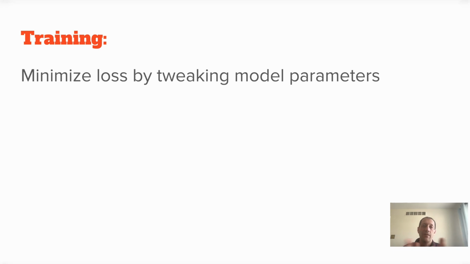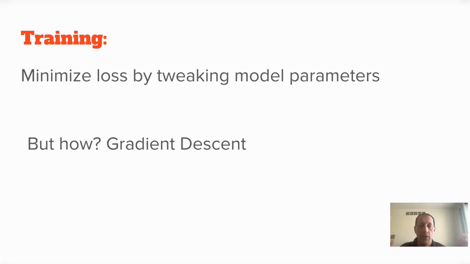And by the way, we have come a long way from where we started. We started by saying machine learning is about learning from examples, which sounds kind of magical. But now that we're looking under the hood, it doesn't sound as magical. Essentially, what we're saying now is training is about minimizing loss by tweaking model parameters. And this is more accurate. But how?